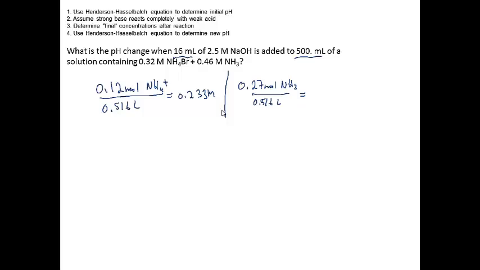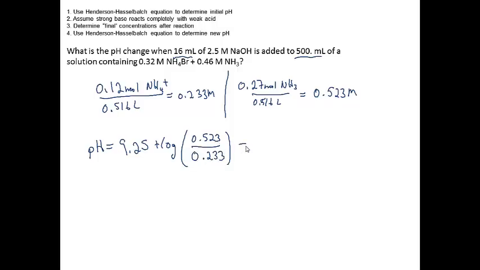If we take 0.27 and divide it by 0.516, that's the combined volume, we get 0.523 molar. So now we can determine our new pH. pH equals the pKa 9.25 plus the log of our base concentration, which is 0.523, over our acid concentration, 0.233.